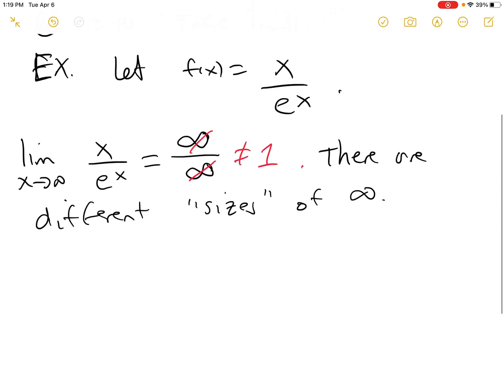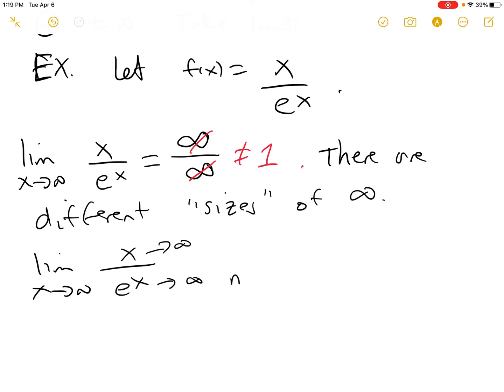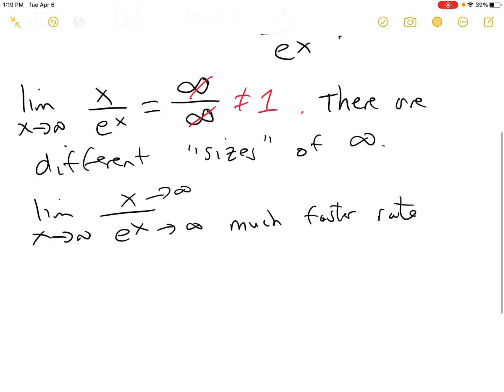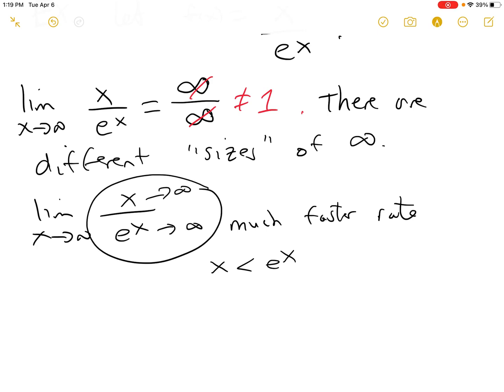So, sticking with this example, let's think about this for a second. x goes to infinity at a rate. e to the x goes to infinity at a much faster rate. So eventually, as we go way out to 20-digit numbers, x is much smaller than e to the x. And so this quotient gets closer and closer to 0.